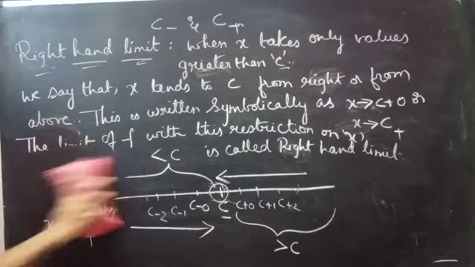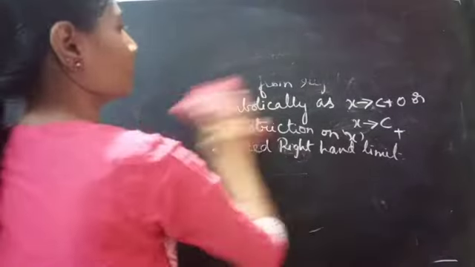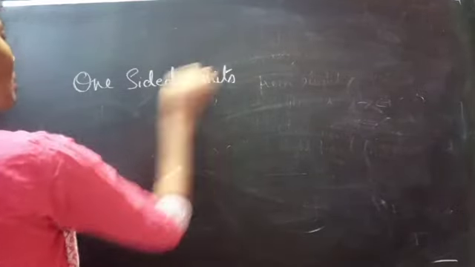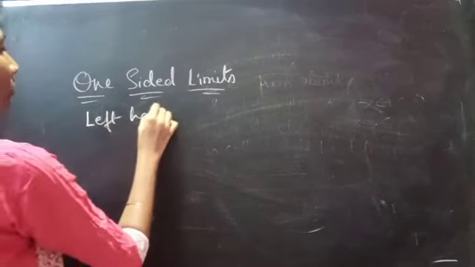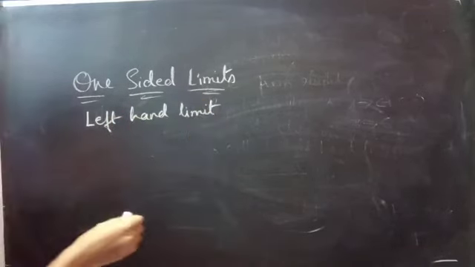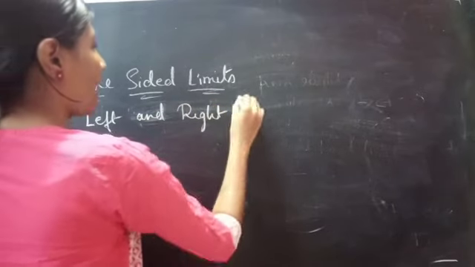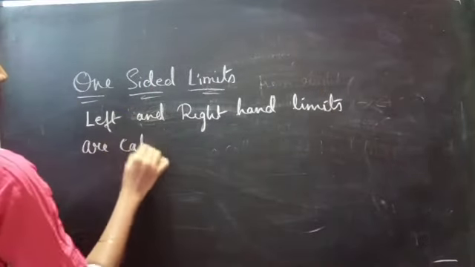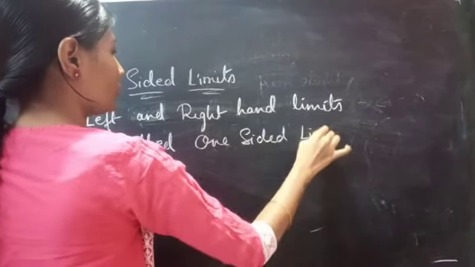Okay. Now we'll see one-sided limits. Left hand limits and right hand limits are called one-sided limits.